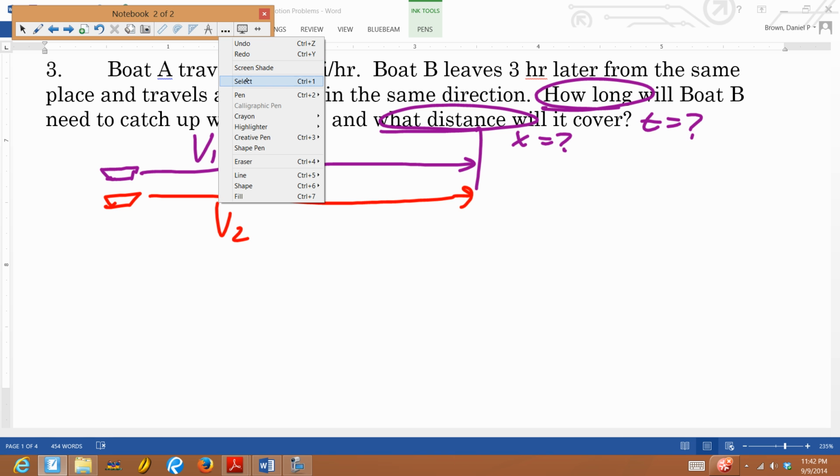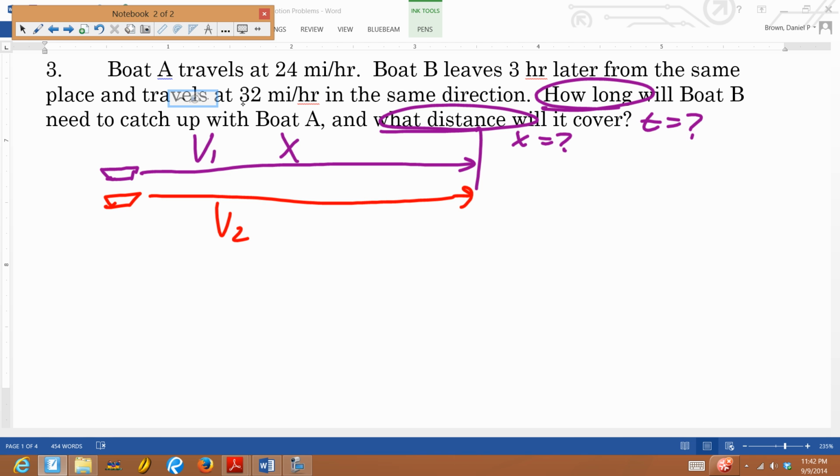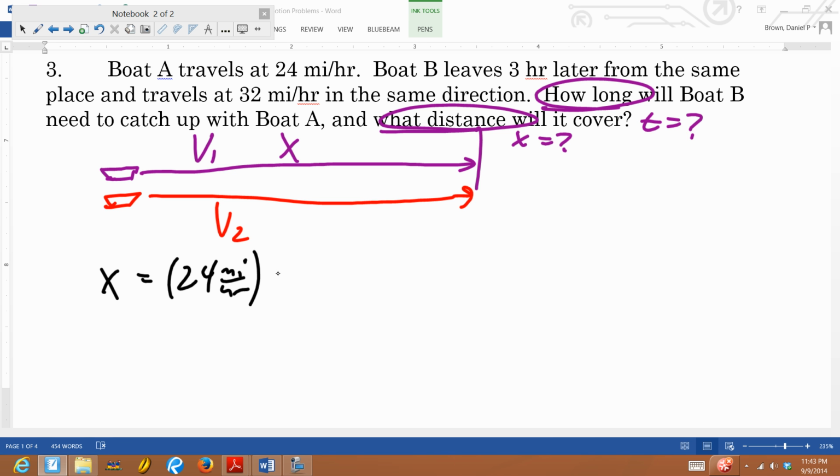So let's go ahead and set this problem up and write down our equations. We're going to say x, the distance that the first boat travels, has to be 24 times some amount of time. I don't need to put one there, it's only the same x.